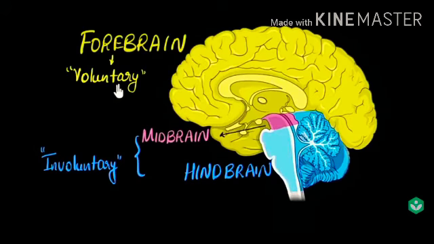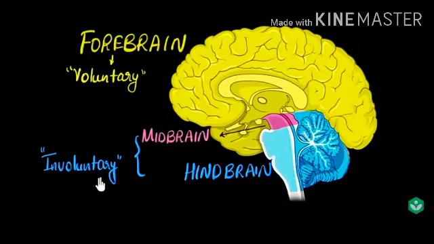So when I say voluntary, think about all the actions that you carry out consciously by thinking about them, like to take a walk, or maybe to talk to someone, or decide to watch this video about brains. So all of that is from your forebrain, and of course we'll talk more details about that in a second.